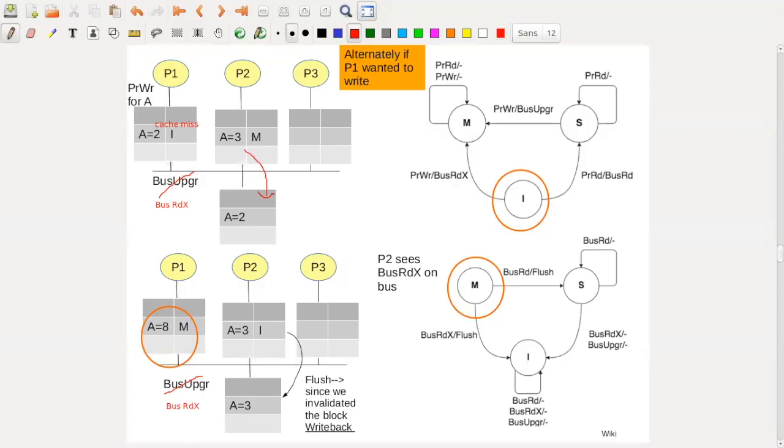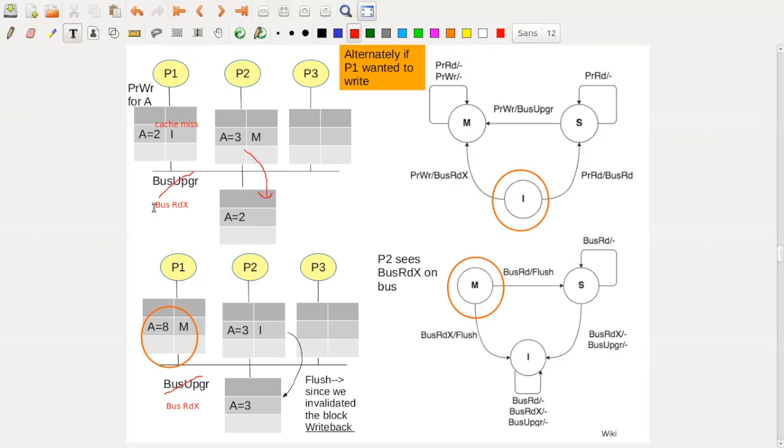At this point, if there's an exception, the memory should have the up-to-date value. Therefore, this core, before changing to invalid state, has to write that value back, and that is happening through this flush signal being issued on the bus. It is going to write back the value before it changes to the invalid state.